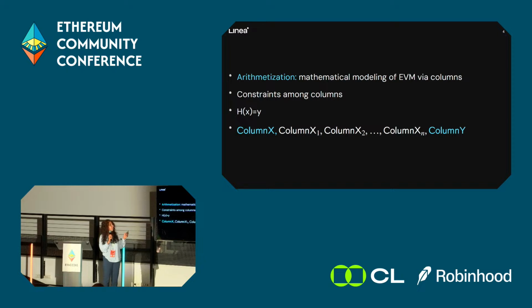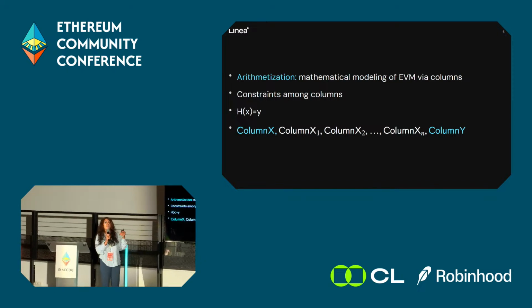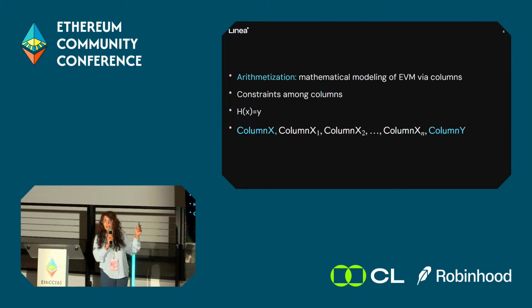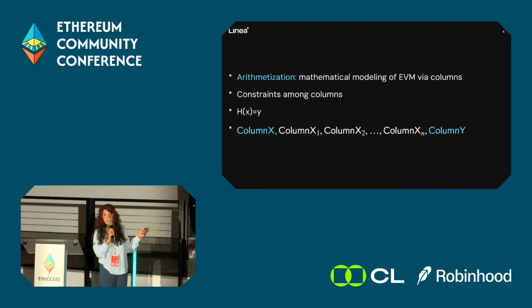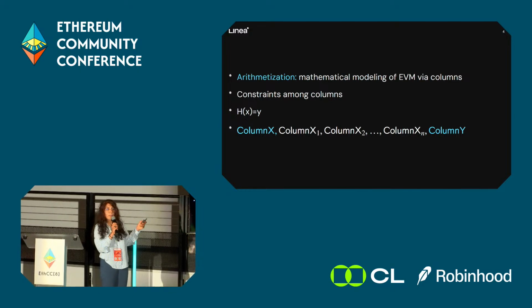Then you have intermediate columns, depending on the operations happening in the function, and you continue until you arrive at column y, which is the encoding of the output. And then there are constraints between the columns to show that the mathematical operation the function is carrying out is done correctly.